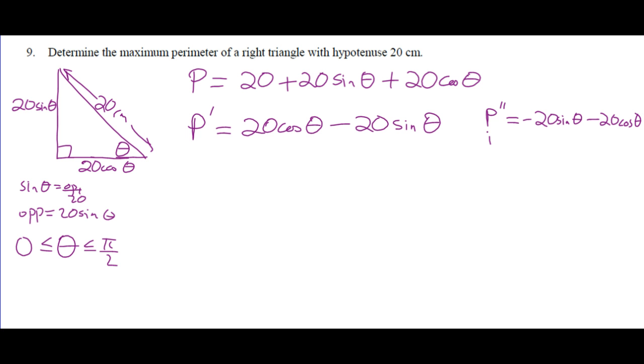So in our domain, p double prime is less than 0, which means we have concave down, so we're going to get a max. When do we get the max? At our critical numbers, so we want p prime equal to 0.